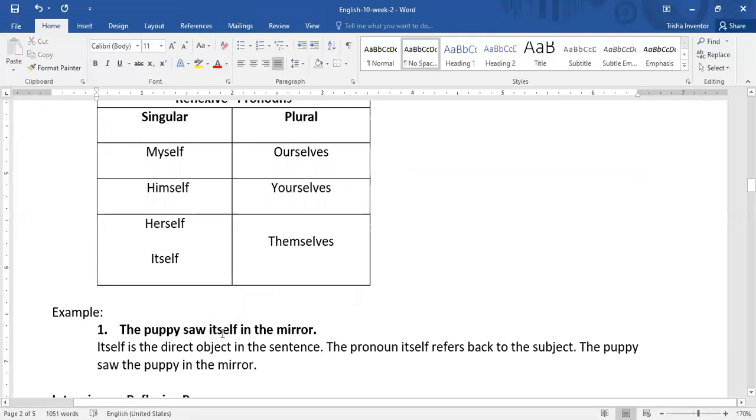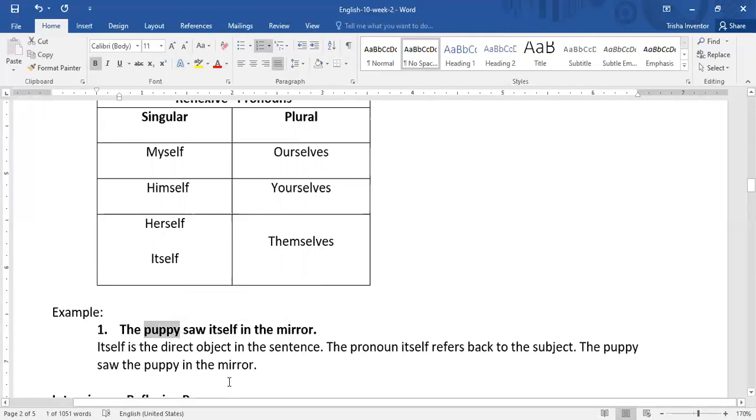Now, since itself is the direct object, kinsa may gitukoy ni itself, kinsa may gi-refer ni itself dire. It is the subject. It is the puppy.